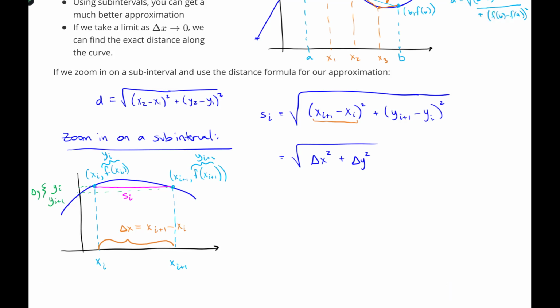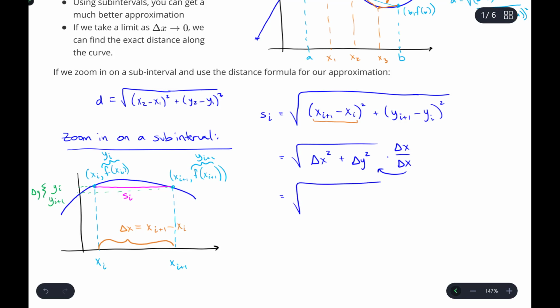Okay. This is going to calculate just the arc length on this subinterval, but I think there are some things we can do with this algebraically. So for instance, I'm going to start off by multiplying this by delta x over delta x. And I can actually bring this underneath the square root so long as I make this squared.